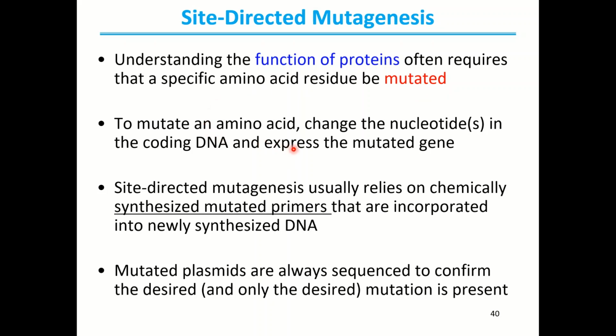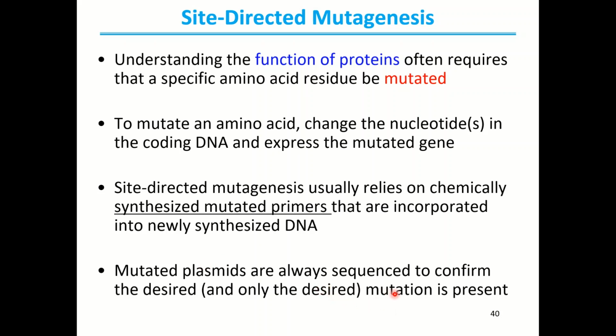To mutate an amino acid, you need to change the nucleotides in the DNA sequence. Okay. Site-directed mutagenesis relies on chemically synthesized mutated primers that are incorporated into a newly synthesized strand of DNA. So you create primers that have this mutated sequence in it, and then you use a technique called PCR to amplify a mutated sequence.